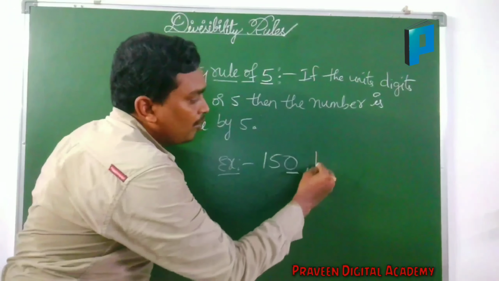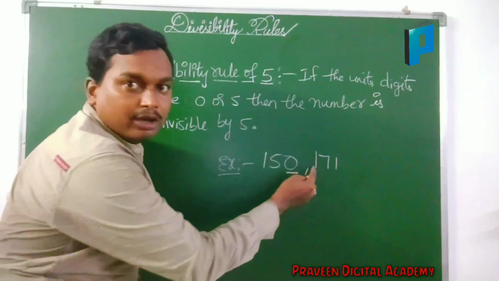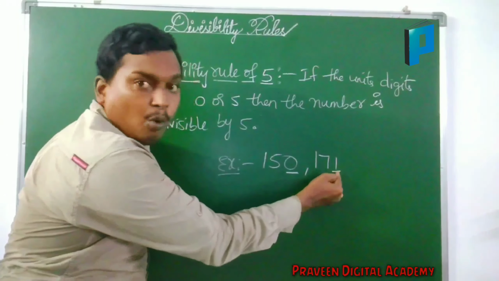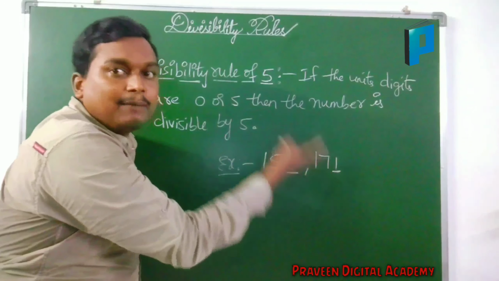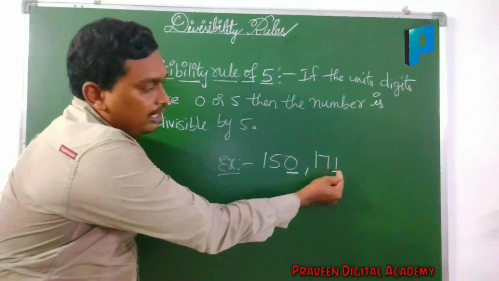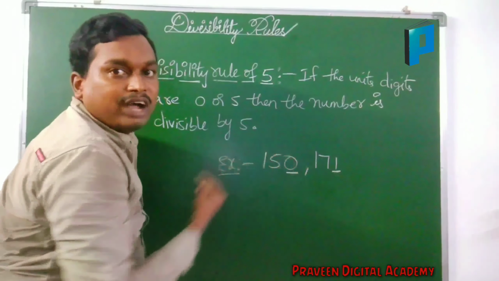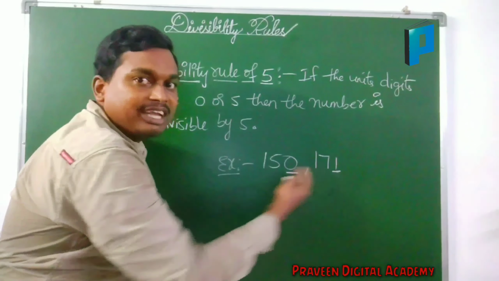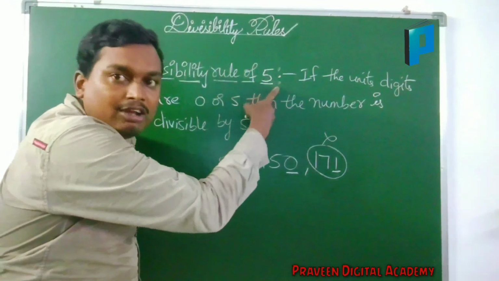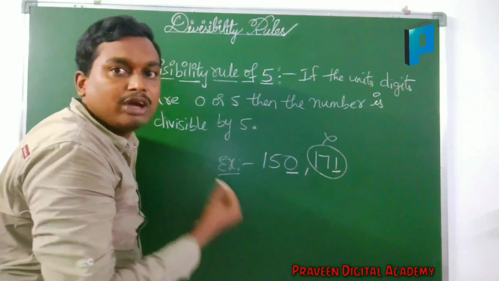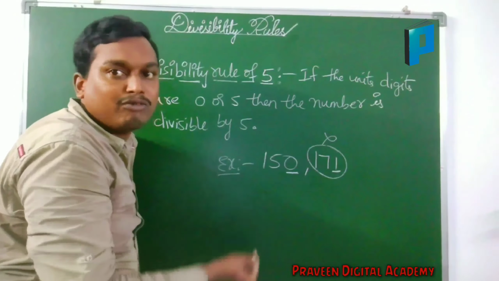If you are having 171, what is the unit digit here? 1. If the unit digit is 0 or 5, then the number is divisible by 5. Here 0 is not there, 5 is also not there. We are having 1 here. So this number is not divisible by 5. If the units place you are having 0 or 5, any one of them, then only the number is divisible by 5.